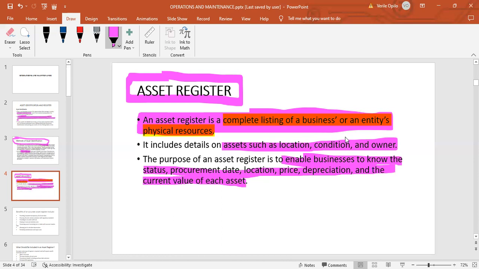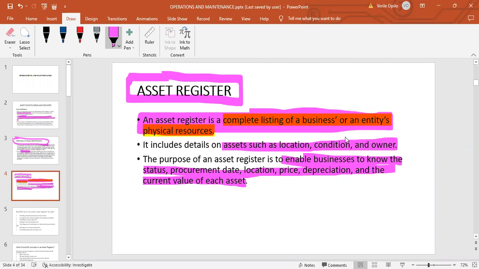So far, how many times have we depreciated these assets? What is the current value after depreciation for that particular asset? Just to get an overview of the assets that the business owns at a given point in time, they have the asset register.